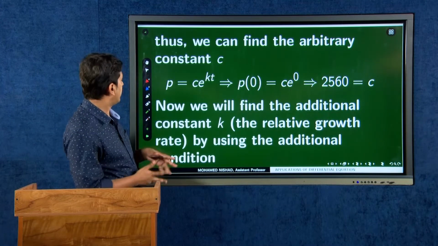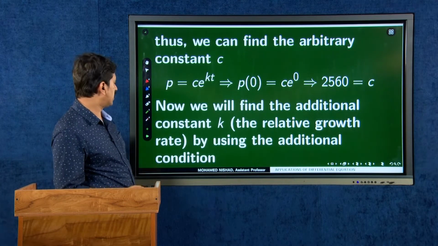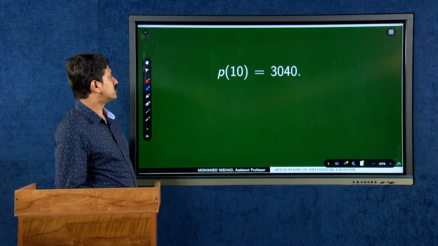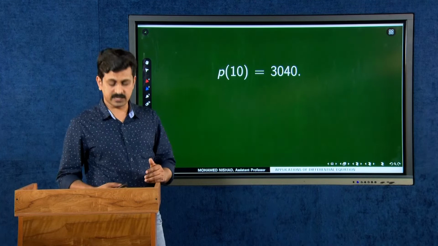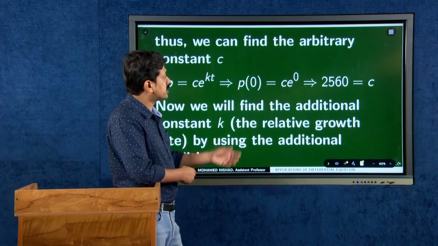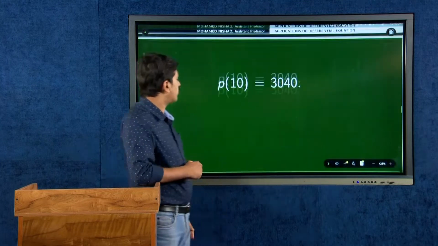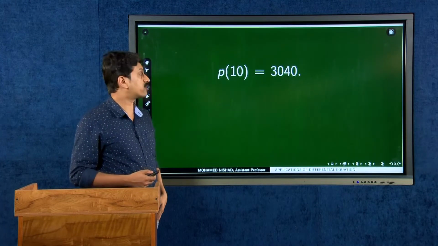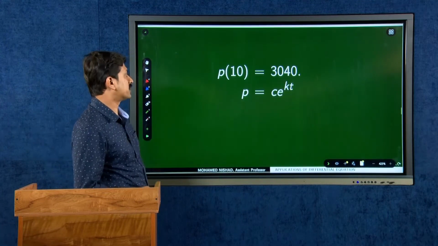Now, we find k by using the additional condition, P of 10. In 1950 the population is 2560. After 10 years, in 1960, the population is 3040 millions. So P of 10 is equal to 3040, that is the additional condition.